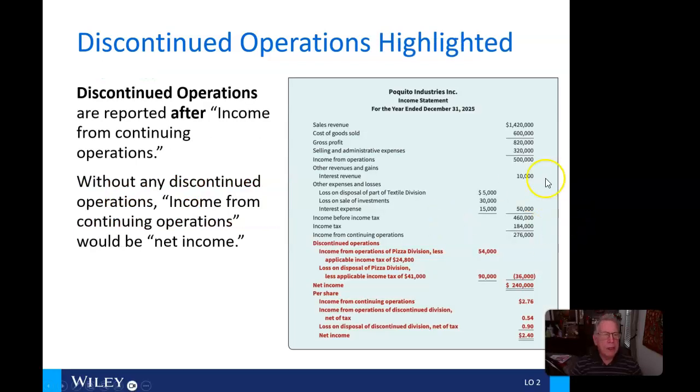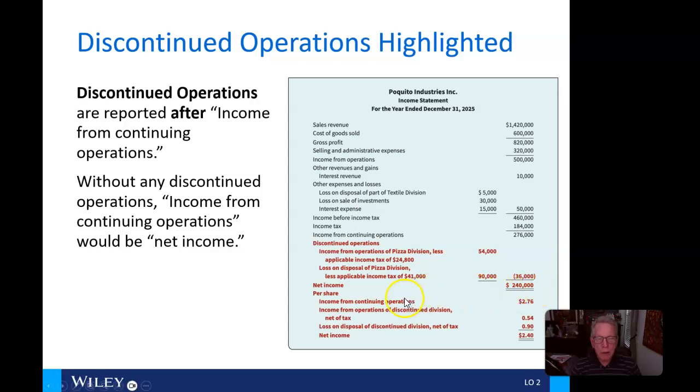Okay, and this shows how we would show that in an income statement in a little more depth. Here, you'll see the discontinued operations. We had some income here, but we also had a loss here. So the net after tax was a deduction of $36,000 from our income from continuing operations. So our net income was $240,000.